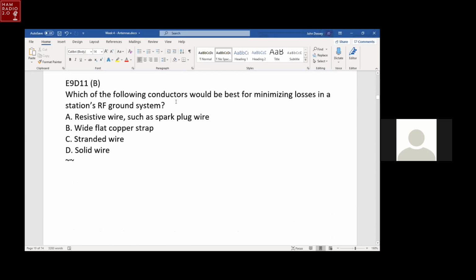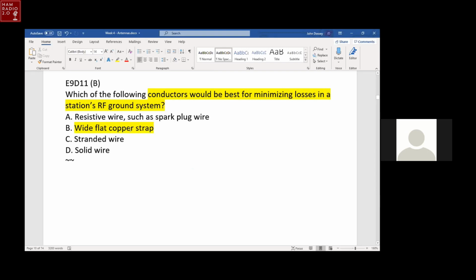Which of the following conductors is best for minimizing losses in an RF ground system? We're looking to minimize loss for RF. You want to use the wide flat copper strap. You can also get woven wire that's wide, like an inch or inch and a half wide. It's really expensive.